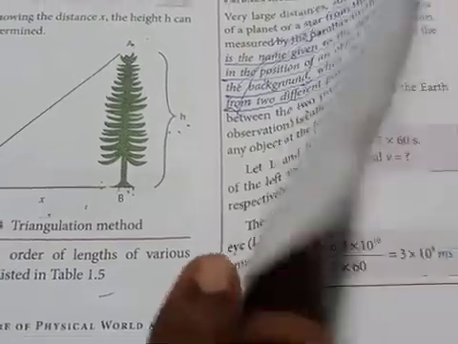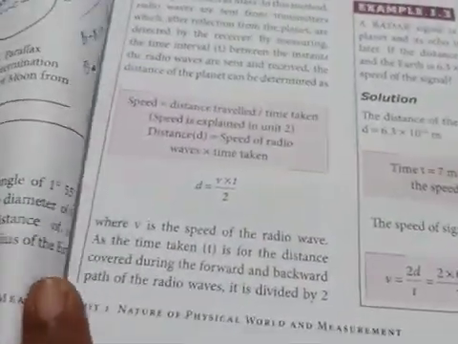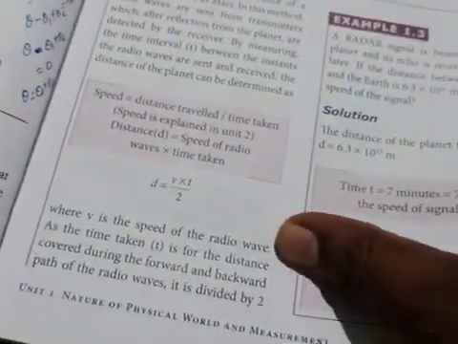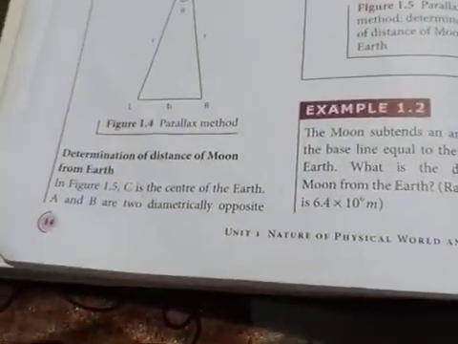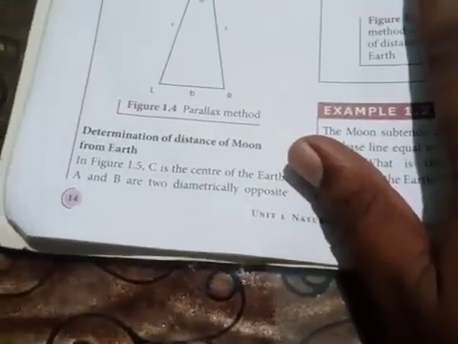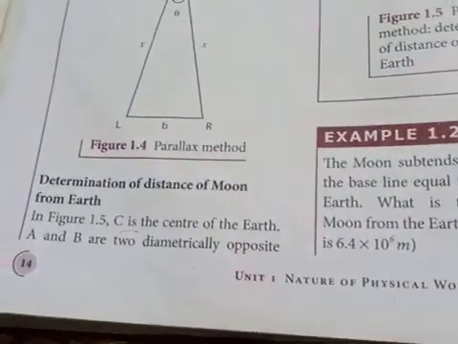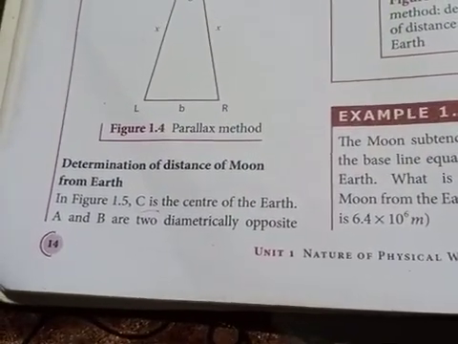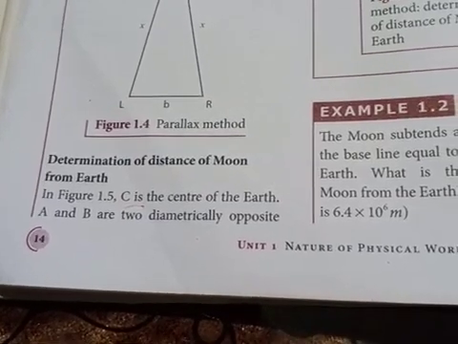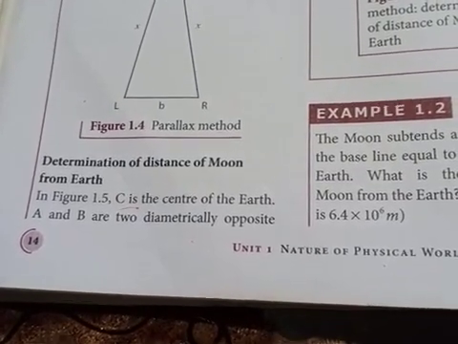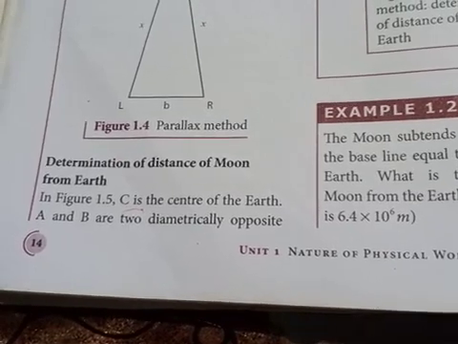Now by using this parallax, you can see how to determine the distance of the moon from the earth. Here you see, by the parallax method, finding the distance of the moon from the earth.